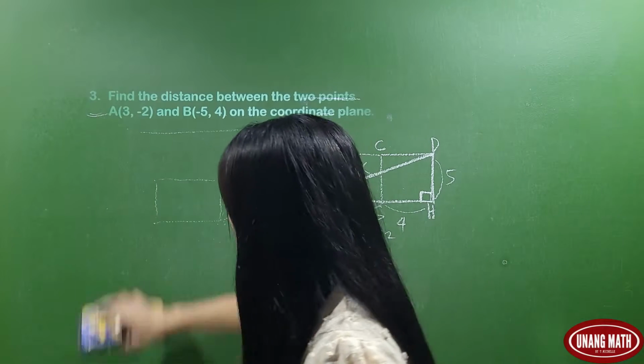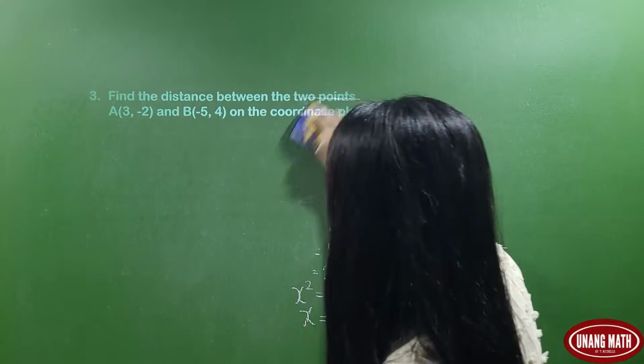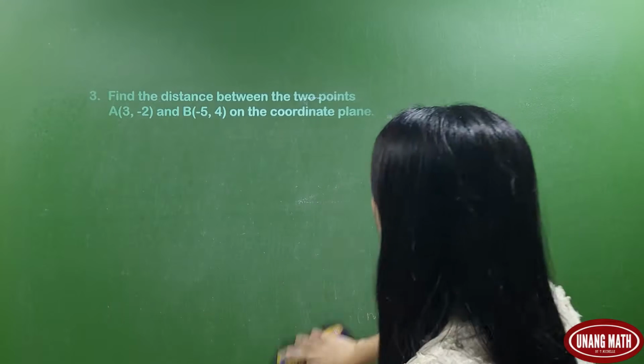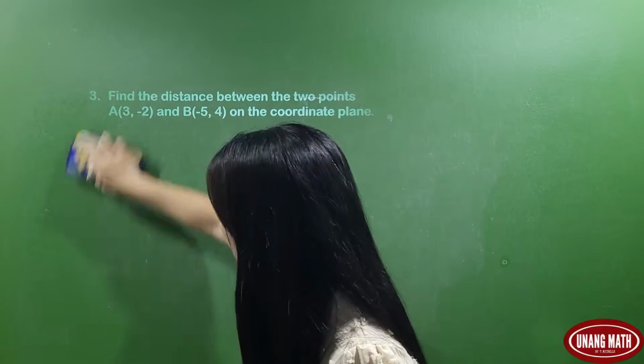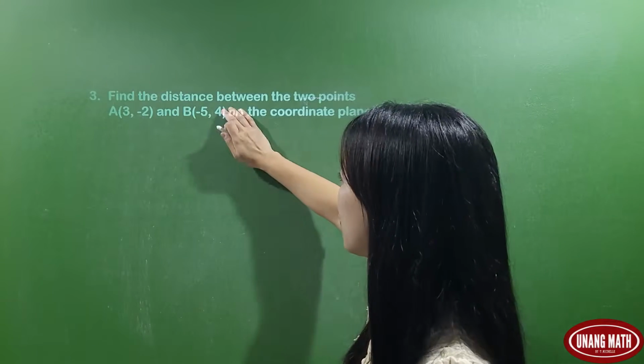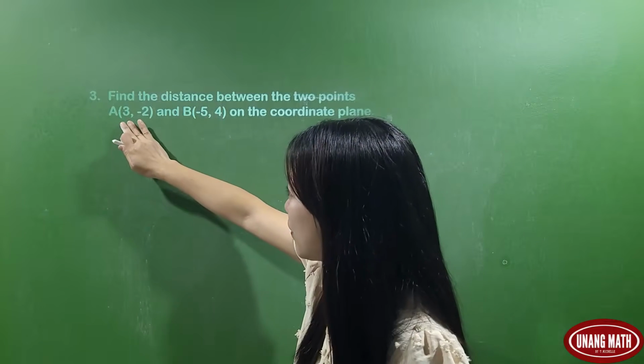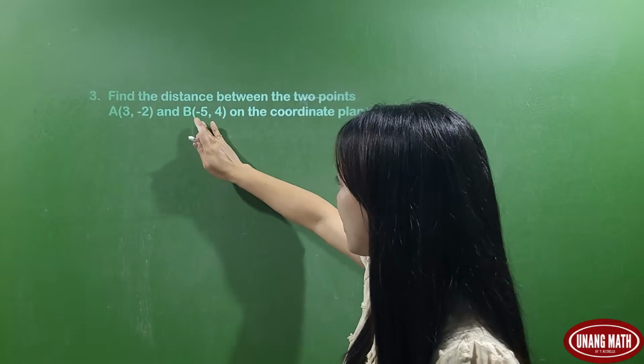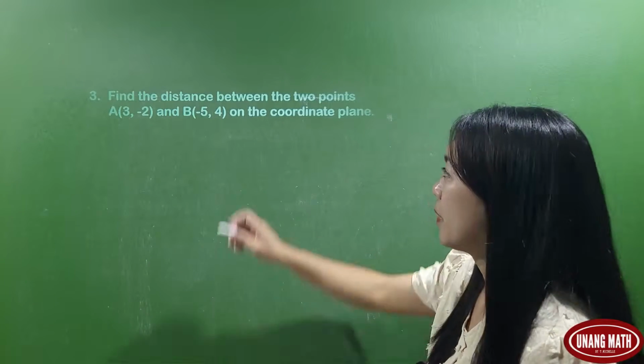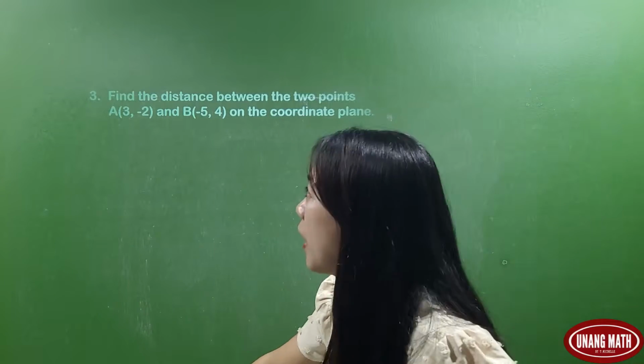Okay, for our last question or problem, let's also answer this one. According to this question, we will find the distance between the 2 points. Point A is (3, -2), and point B is (-5, 4) on the coordinate plane.